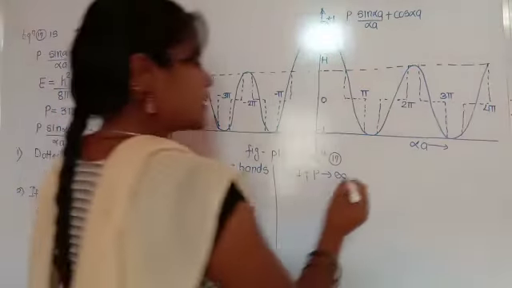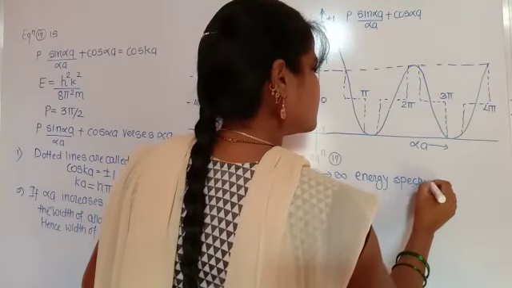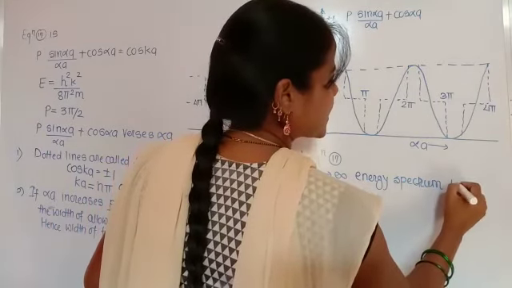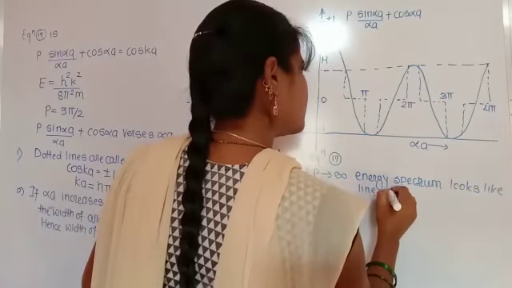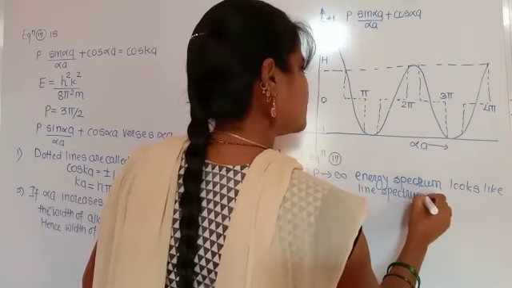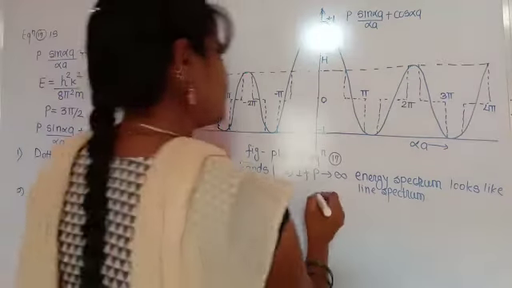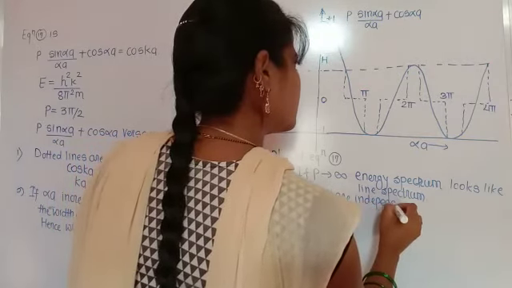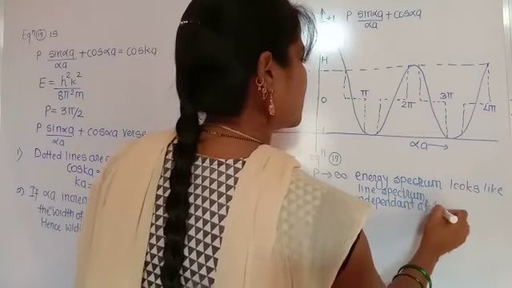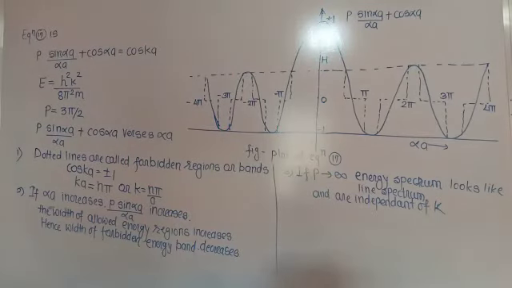Okay, that means the energy spectrum looks like a line spectrum for the increasing value of P, as P tends to infinity, and is independent of K. There is no consideration of K. That is, the energy spectrum looks like a line spectrum.